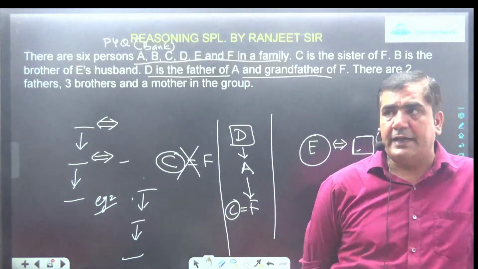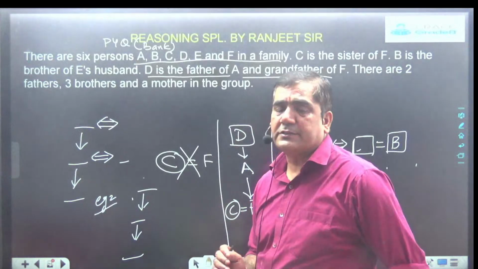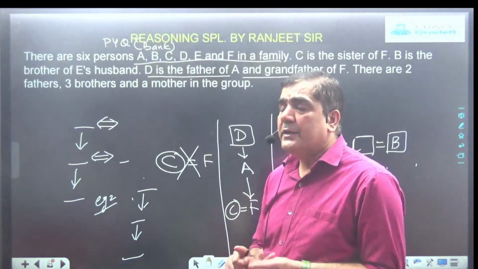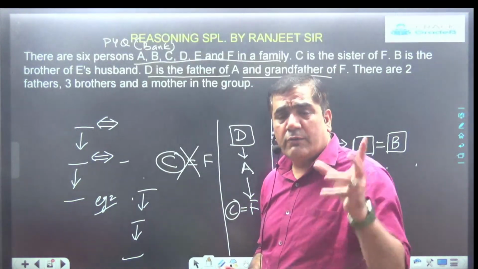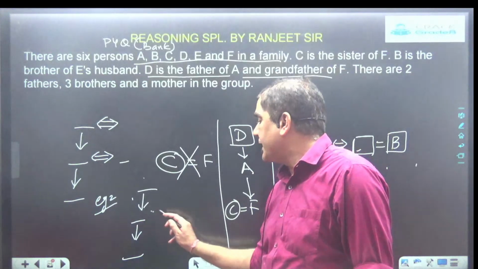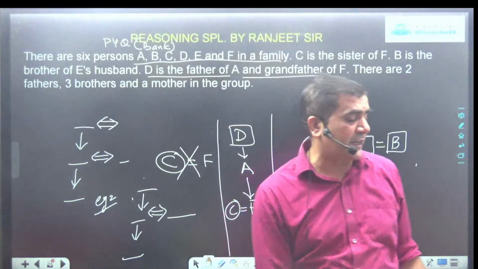If the examiner says there is only one married couple in the family, then always remember that married couple must be in the second generation.